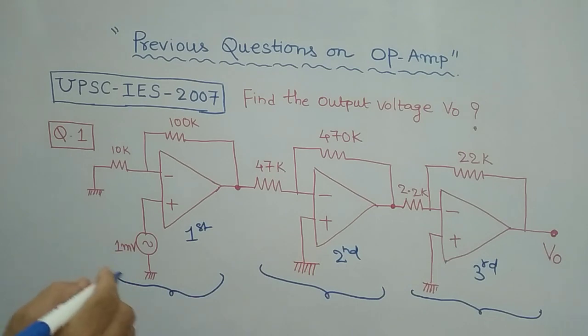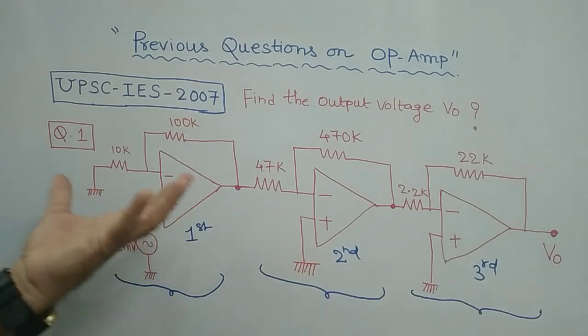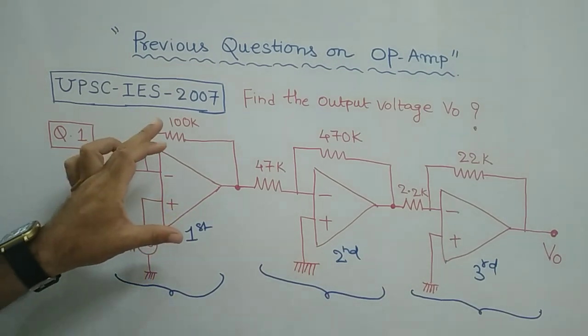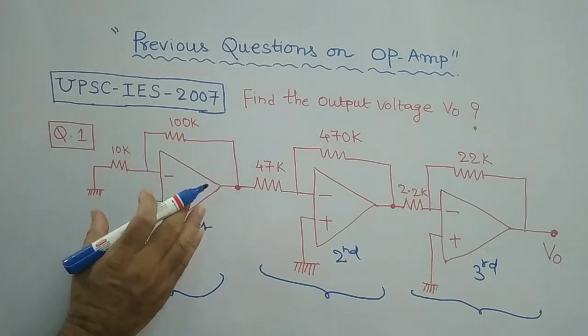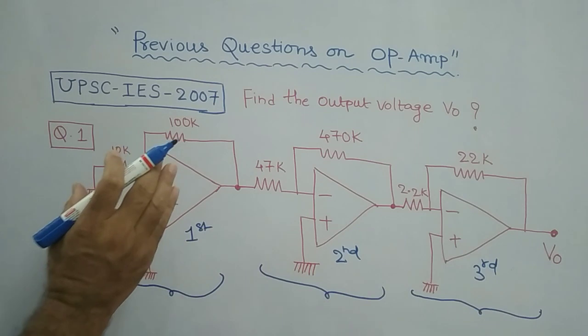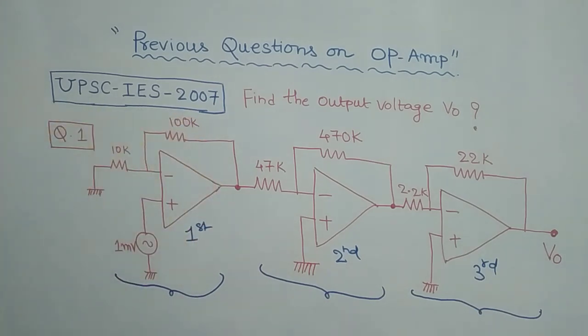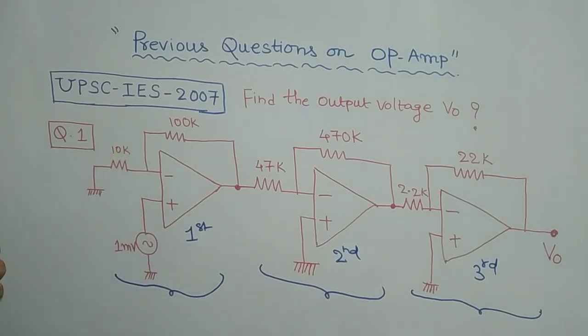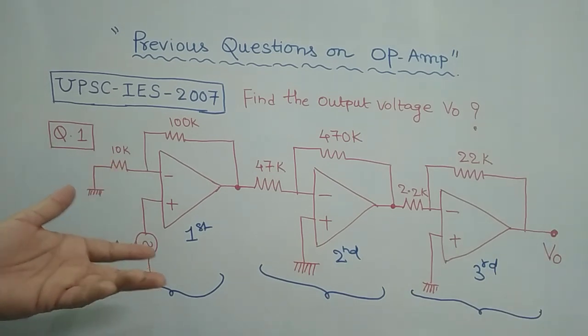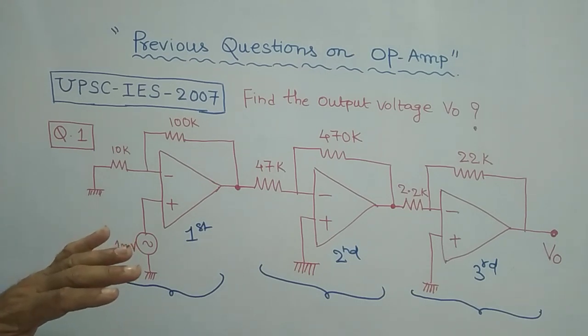First of all, for the first stage op amp, identify which configuration is used. In our previous presentations we covered that an op amp is used in two configurations: one is the inverting configuration, the second is the non-inverting configuration.